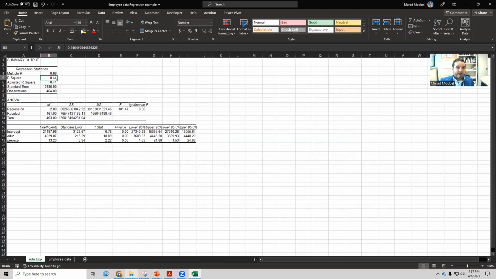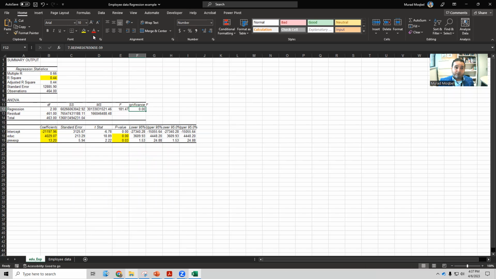So this is my R squared, so 44%. And those are the coefficients that we need to include in our equation. And we're interested in the p-values, which tell us whether the predictors are significant or not.